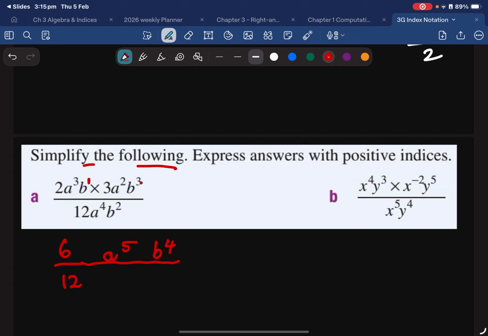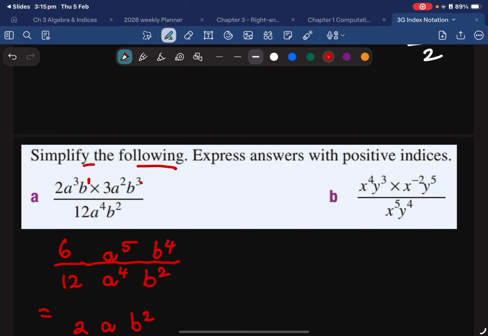On the bottom, none of that needs to be simplified first. b to the power of 2. So 6 into 12 gives me 2 on the bottom. 5 take away 4 leaves me with 1 a, and 4 take away 2 leaves me with b to the power of 2.